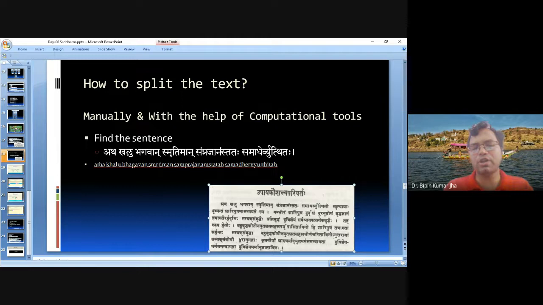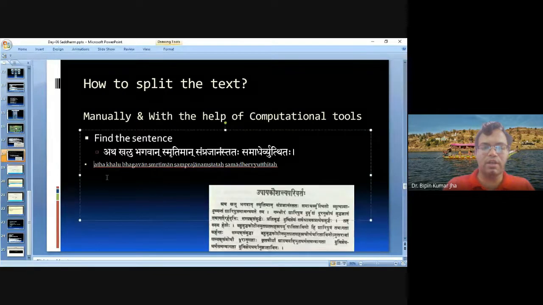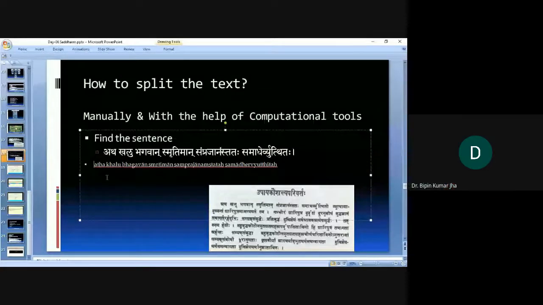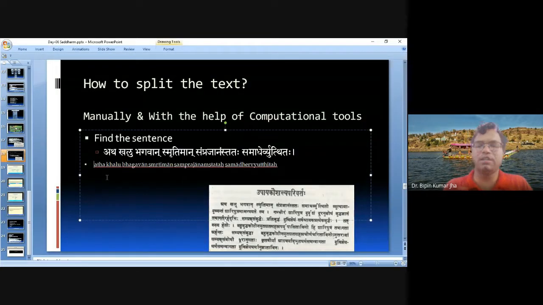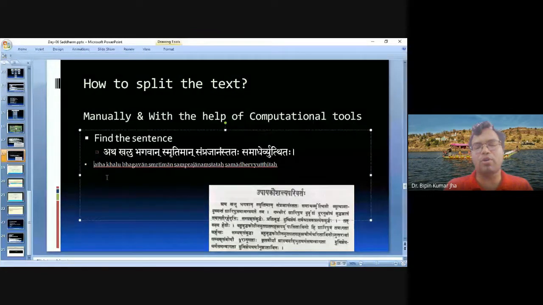Okay, so either you are capable to read in Devanagari script, or you can just find it in the translated form. Normally you will find in Devanagari script, but there are so many websites from where you can transliterate it easily. Okay, so there is no problem at all.